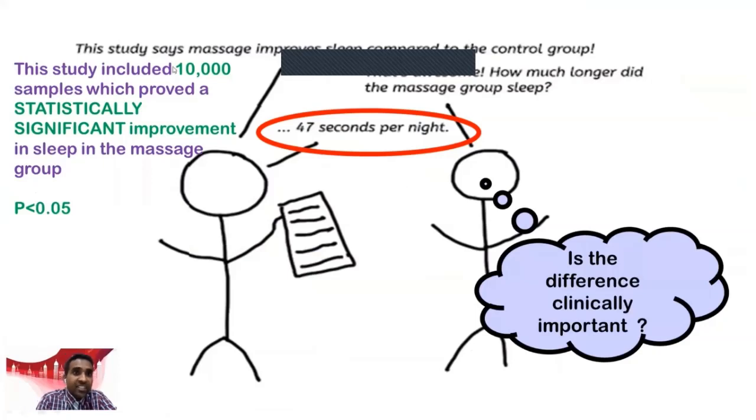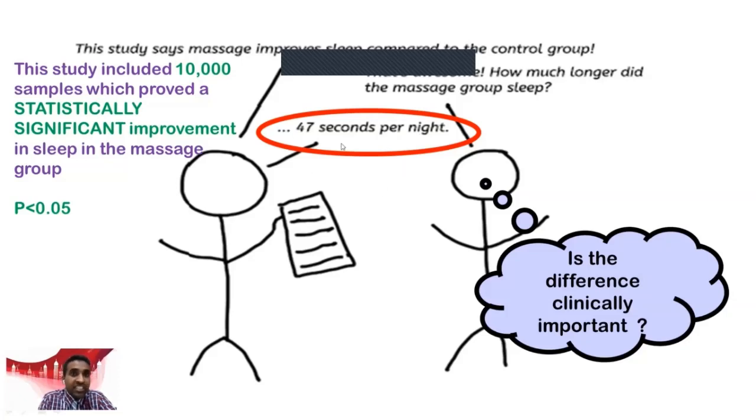They included 10,000 samples and proved that it is statistically significant. But what is the effect size, what is the difference in the duration of sleep between these two groups? It is 47 seconds per night. So the massage group slept 47 seconds extra compared to the no massage group.